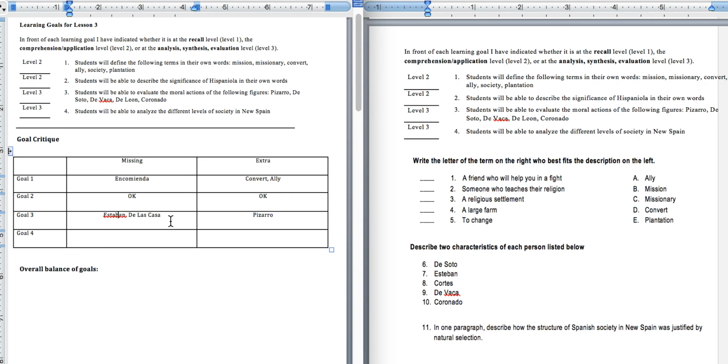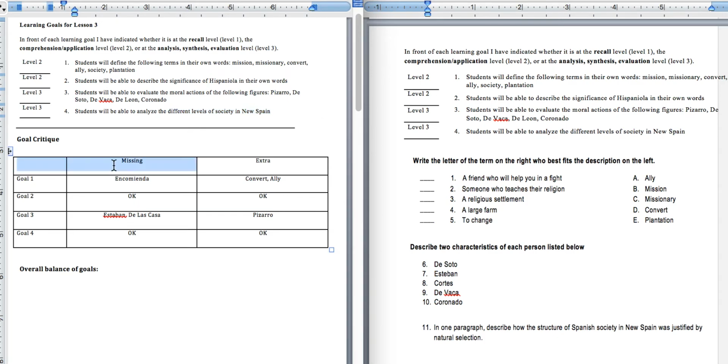They are both significant figures who are mentioned, but they are not represented in my goals, so I have a content mismatch. If I look at goal number 4, analyzing different levels of society in New Spain, I find that that's okay. There are 4 that are mentioned. I don't go into detail, so we're just going to assume that those are the 4 that I mean.